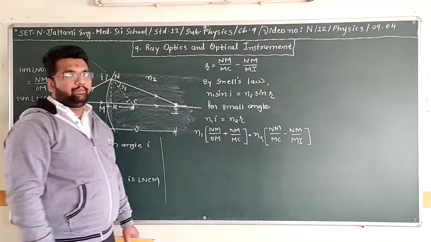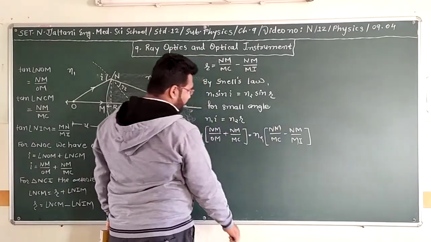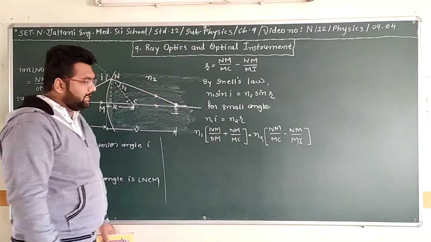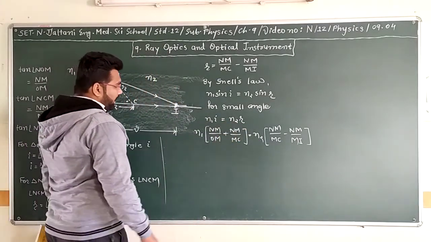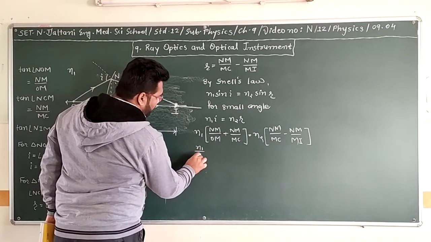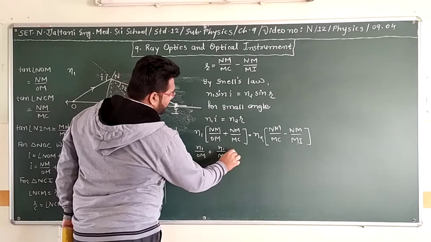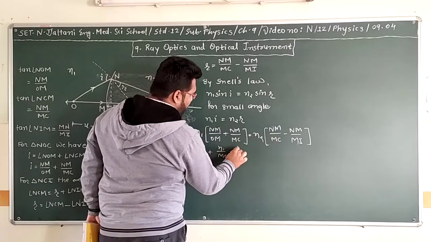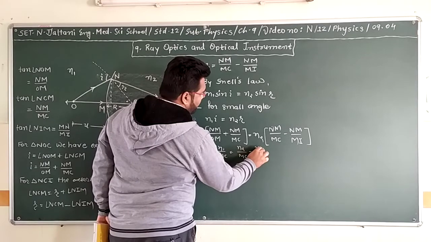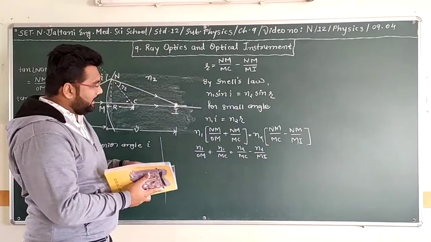This is our value. Now the Nm will be cancelled from the numerator because that will be common here and that will be cancelled from both the sides. So we have the formula N1 upon OM plus N1 upon MC equal to N2 upon MC minus N2 upon MI, because Nm will be cancelled.